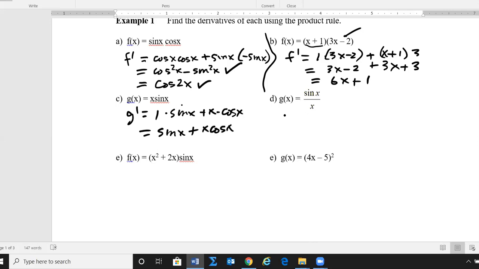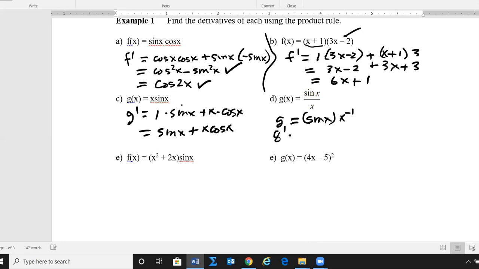Here we have a quotient. It doesn't have to be a quotient. It could be written, before you start, as sine of x and then an x to the negative 1. That's how we can turn it into a product, and then go ahead and use the product rule.